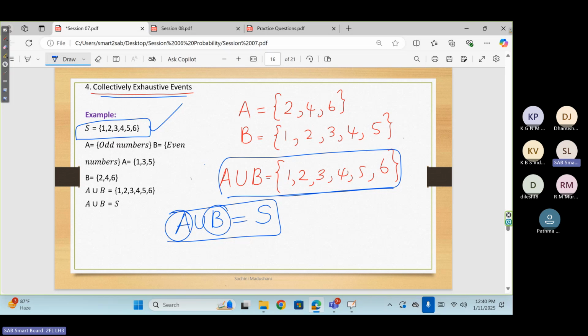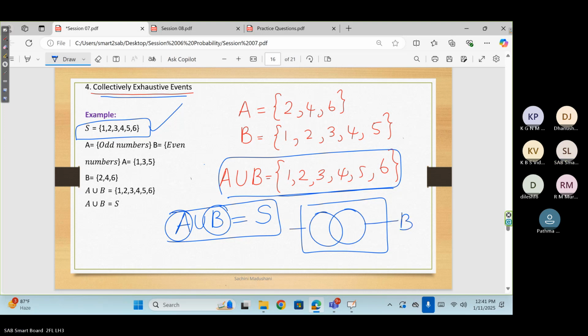Understood? We consider two or more events that cover the whole sample space, and we call them collectively exhaustive. It's clear? Then when we draw the Venn diagram of event A and event B, there are no elements outside these 2 circles. All the elements are inside the 2 circles.